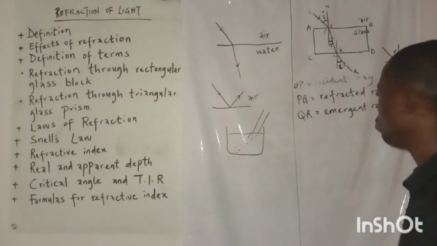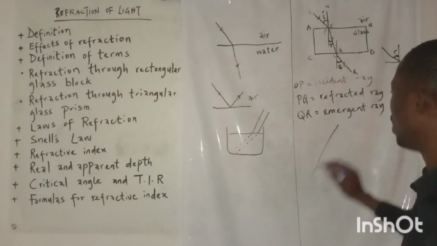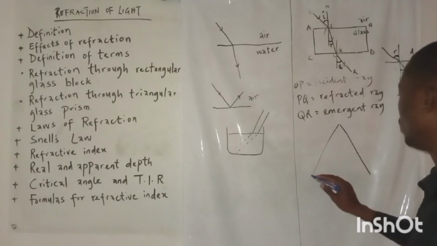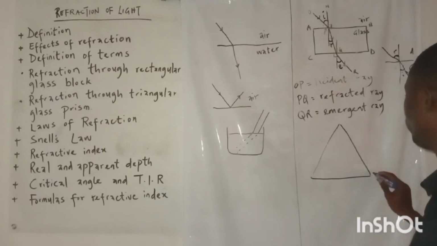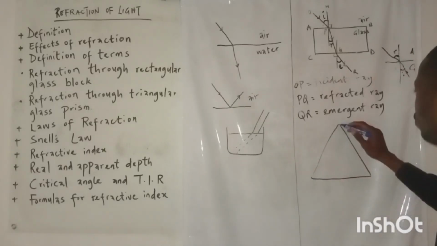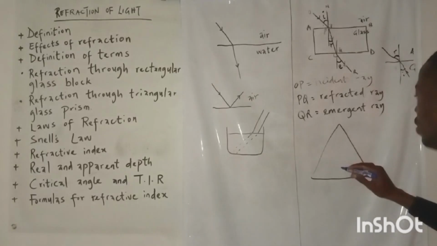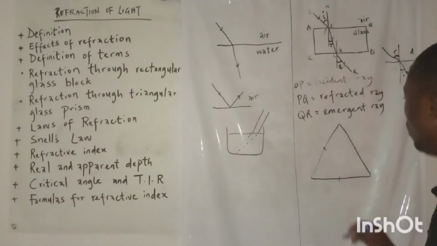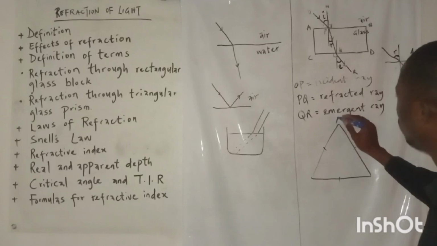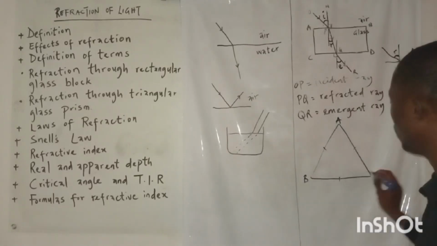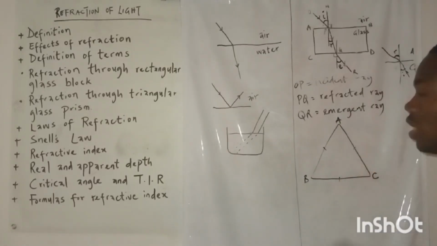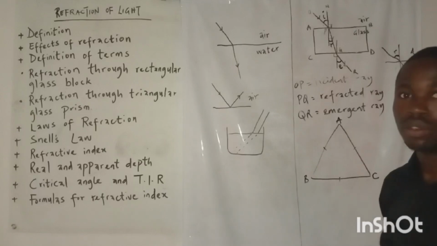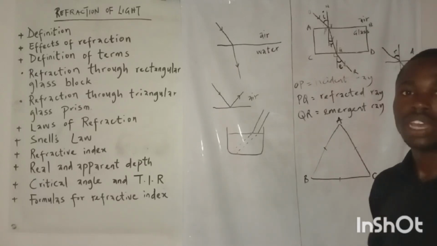Then we also come to the triangular glass prism. For the triangular glass prism, you have an equilateral triangle having all sides equal, and let's call the corners A, B, and C. For an equilateral triangle, all the sides are equal and all the angles are equal as well.